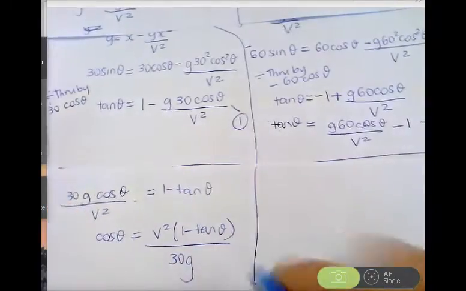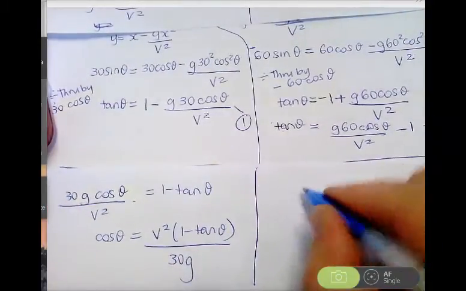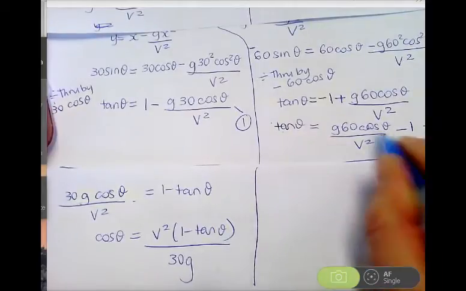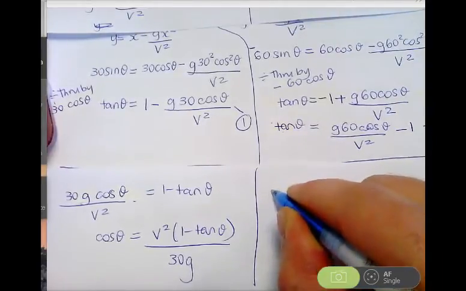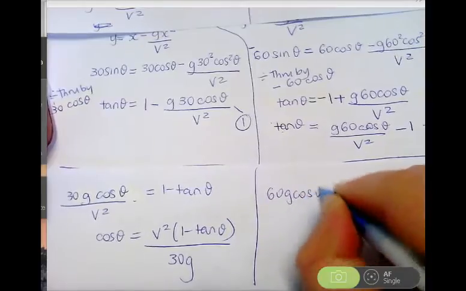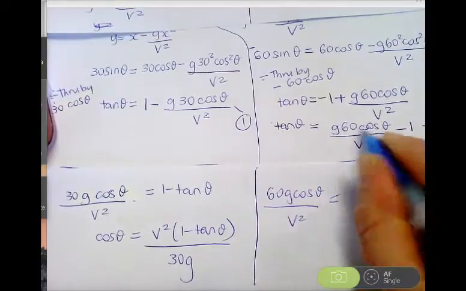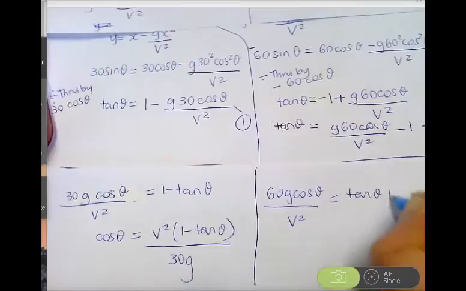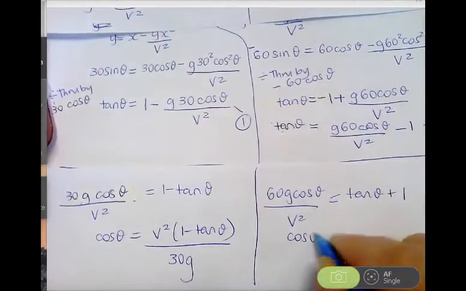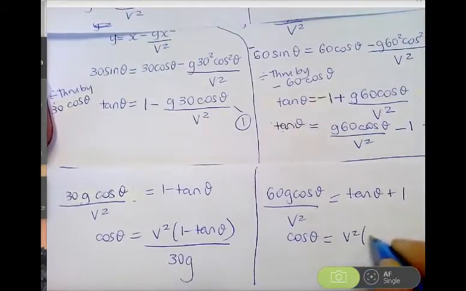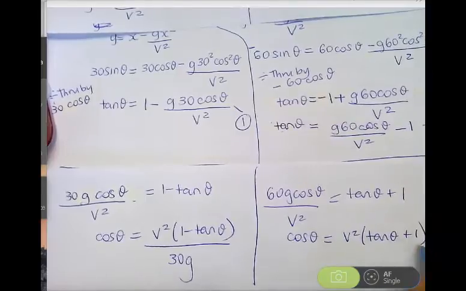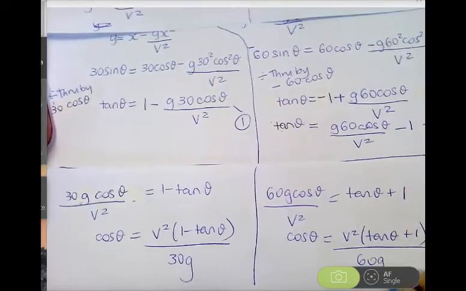Going to do the same thing over here, rearranging. We've got 60g cos theta over v squared. That equals tan theta plus 1. So therefore, cos theta is v squared bracket tan theta plus 1 over 60g.